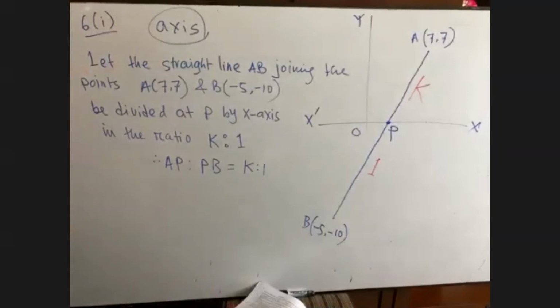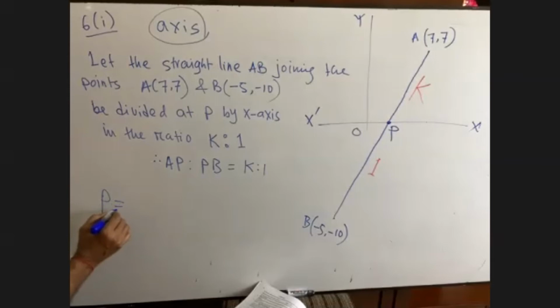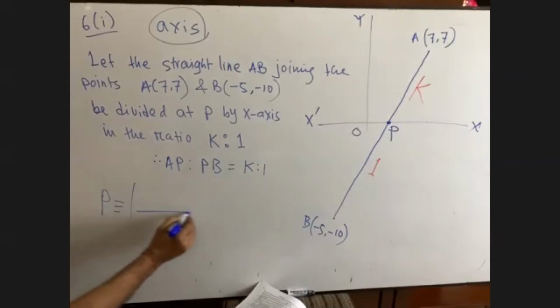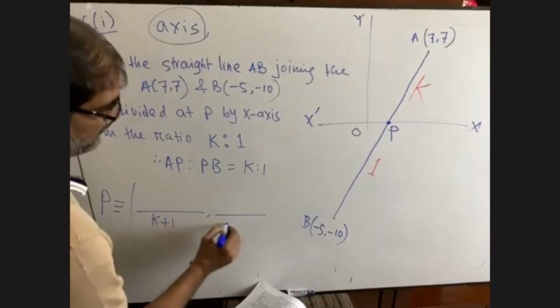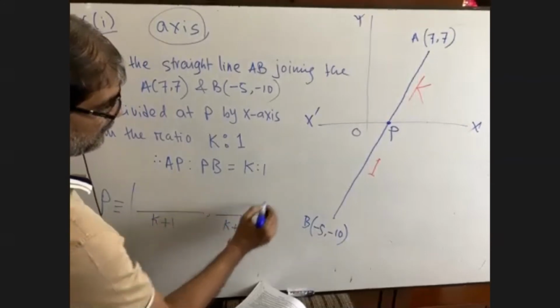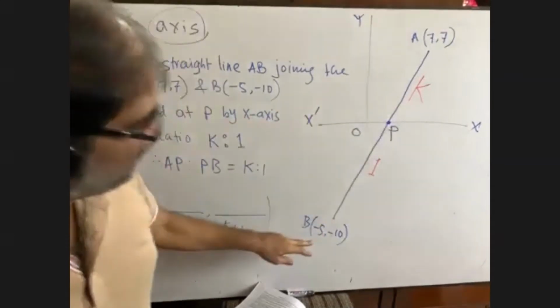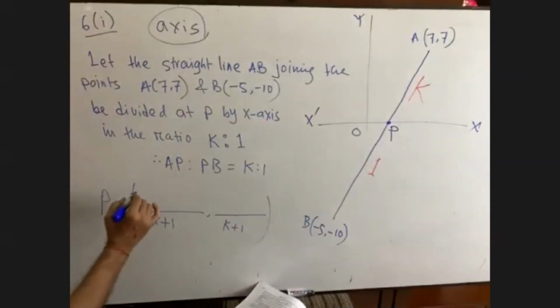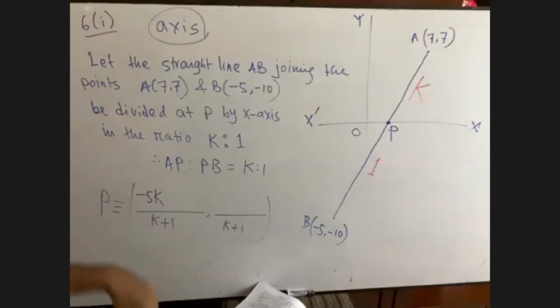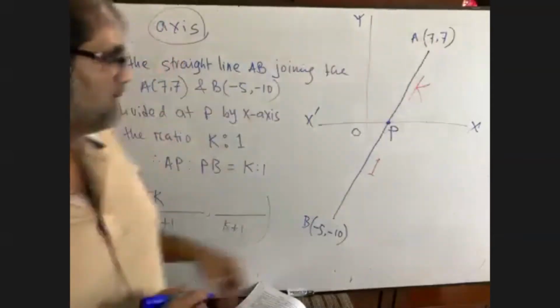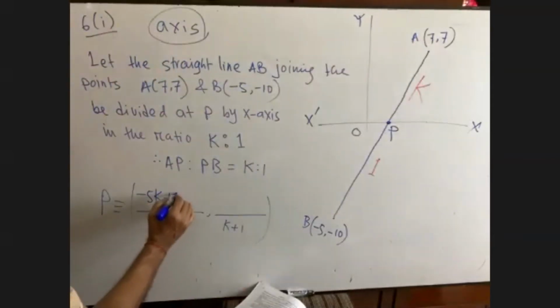Now, P equals to what? Let me know. P equals to, over k+1, k into -5, that is -5k, 1 into 7, that is +7.